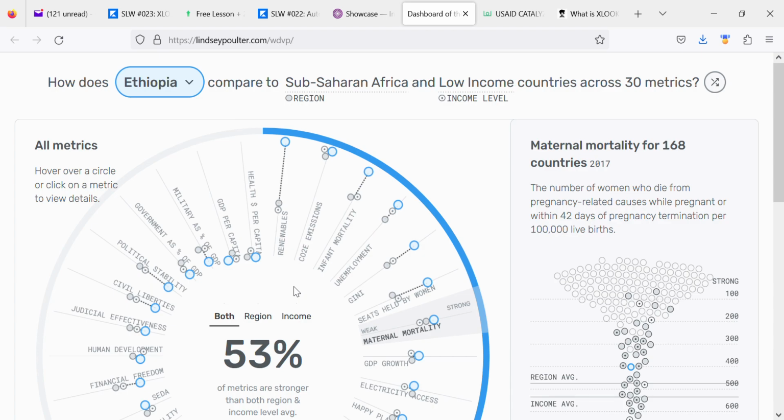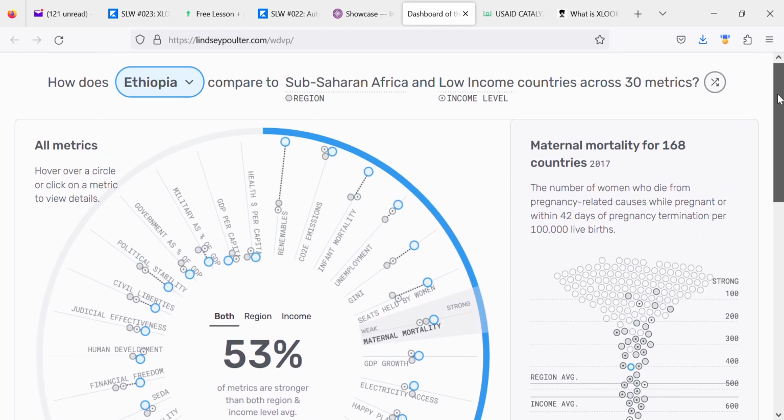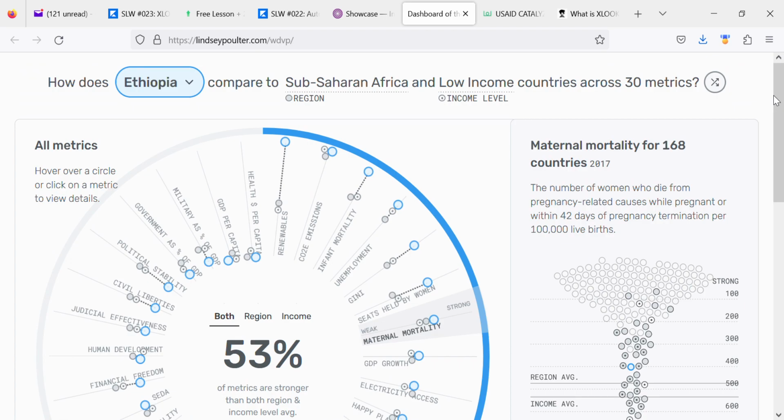Not only countries, donors should also use this data for evidence-based decision making, and NGOs who are working on different sectors can use the data for their interventions based on these metrics.